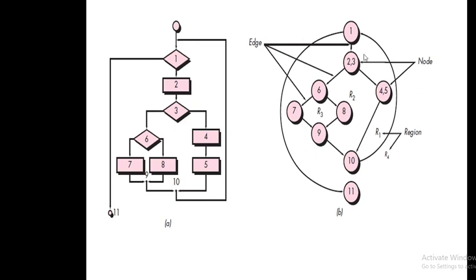So this flow graph contains 4 regions. Please keep this point in mind, we will use it later. This is the overall concept of flow graph notation.